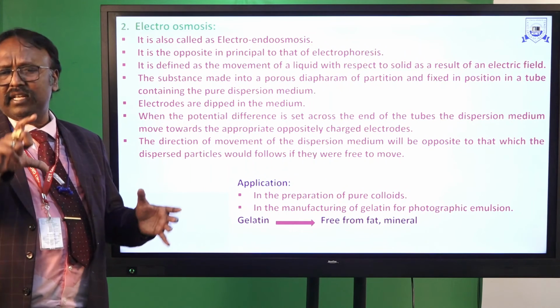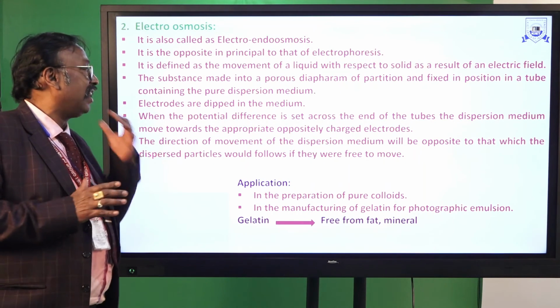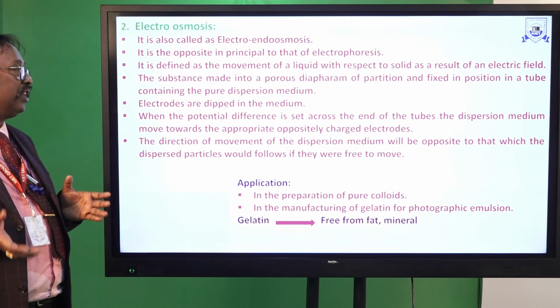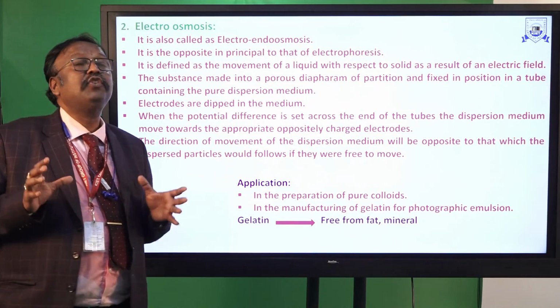The direction of movement of the dispersion medium will be opposite to that which the dispersed particles would follow if they were free to move.